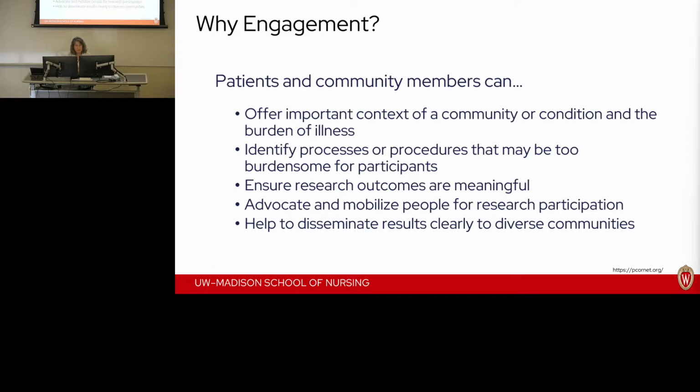They can help advocate and mobilize people for research participation and help disseminate results clearly to diverse communities. As researchers, we're not necessarily the best at communicating to general populations. I know that I struggle with that a lot, and often people can help us with that kind of communication.